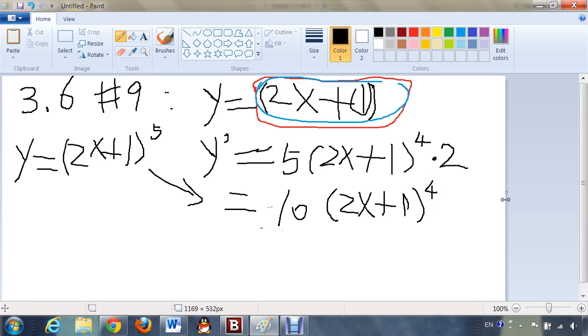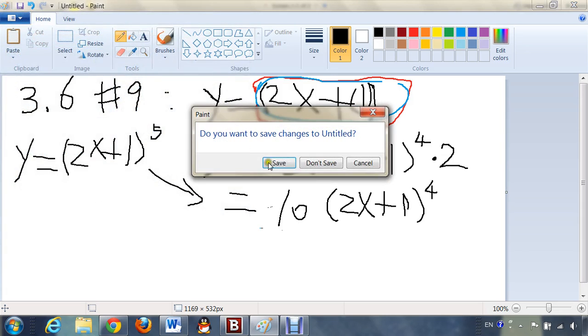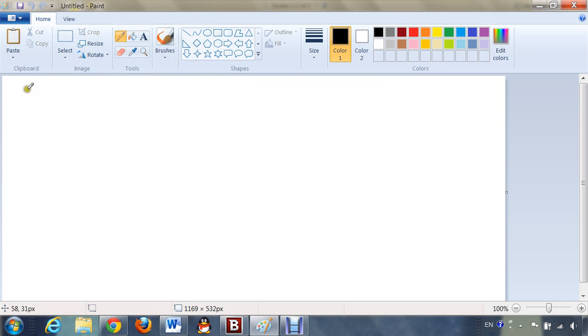Yep. But there's another way that you can use the chain rule. Another way that I found kind of helpful is this. So we do this question again. We're still on the same question, 3.6, number 9.